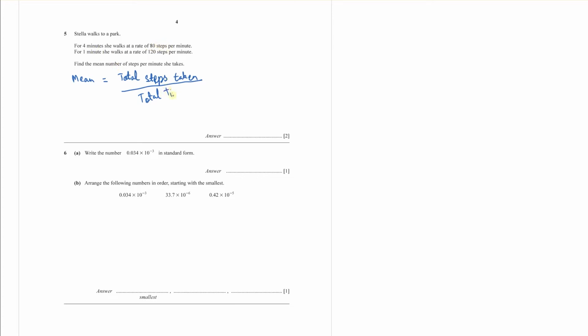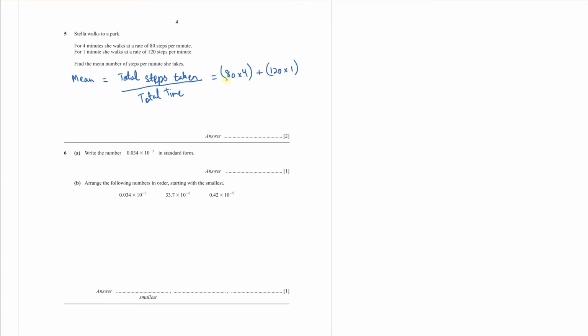So how would you calculate the total steps? She walks at a rate of 80 steps per minute for 4 minutes, so the total steps taken in those 4 minutes would be 80 multiplied by 4. And then you add the second one, where she walks 120 steps per minute for 1 minute, so 120 multiplied by 1.